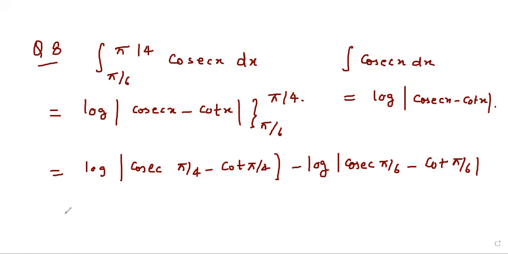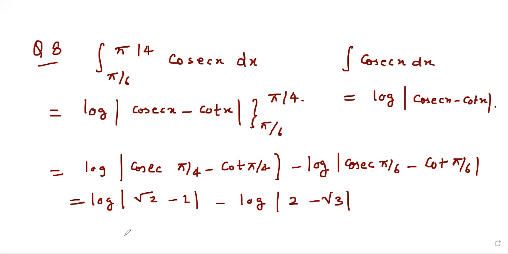So log, this will become root 2 minus 1, minus log, this will become cosec pi by 6, so it will give 2, minus cot pi by 6, this will give root 3. We apply log m minus log n formula. So it will become log of root 2 minus 1 upon 2 minus root 3. This is our answer.